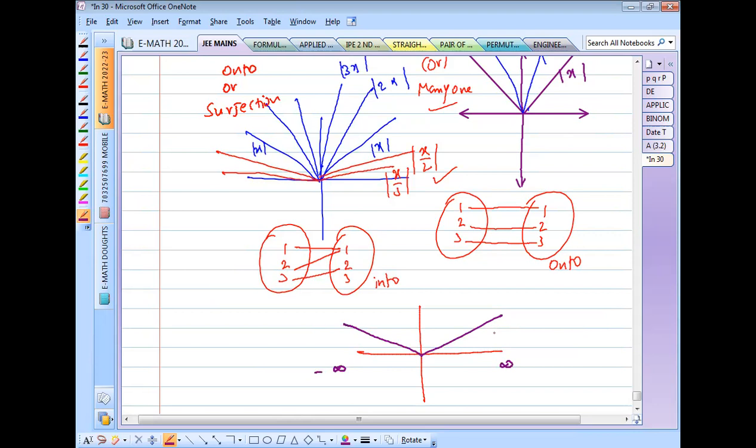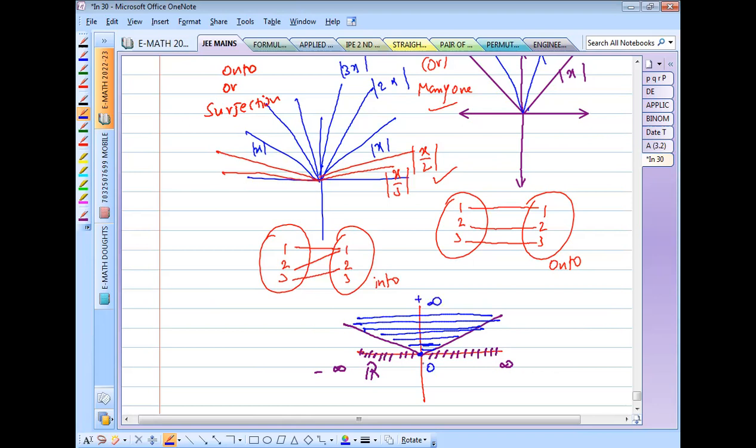You can take all the x values on the entire x-axis, which is represented simply as capital R. The red dotted shaded portion is the domain. And the codomain, where can it be accessed?